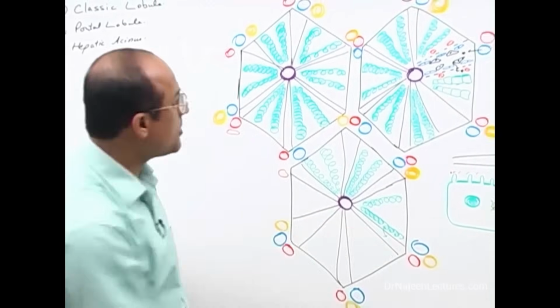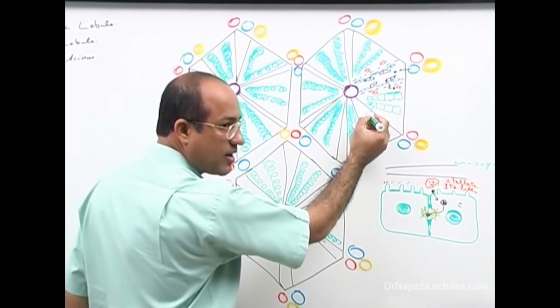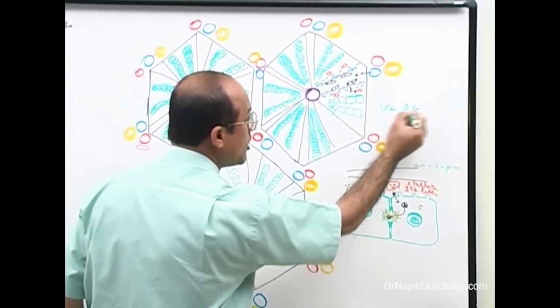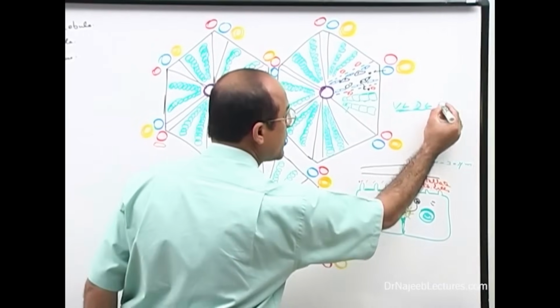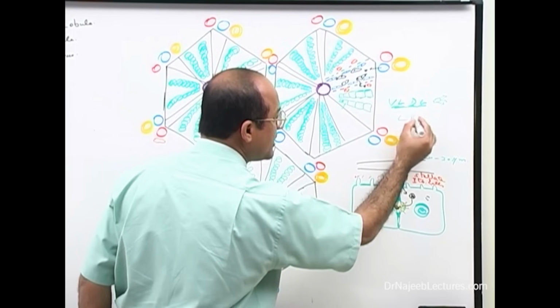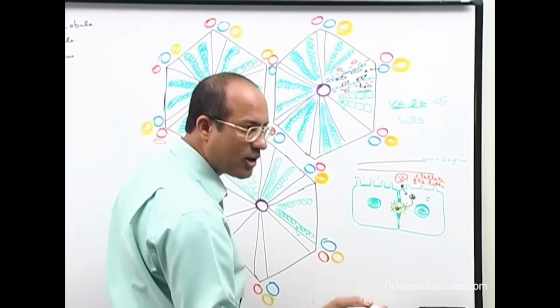Hepatocytes are releasing VLDL, very low density lipoproteins, which are carriers of triglyceride, and they also synthesize LDL, which is the main carrier of cholesterol.